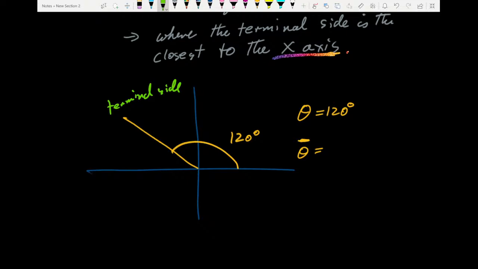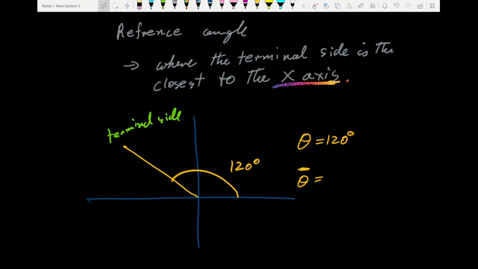The terminal side is closest to the x-axis, and the reference angle is the angle you create there.